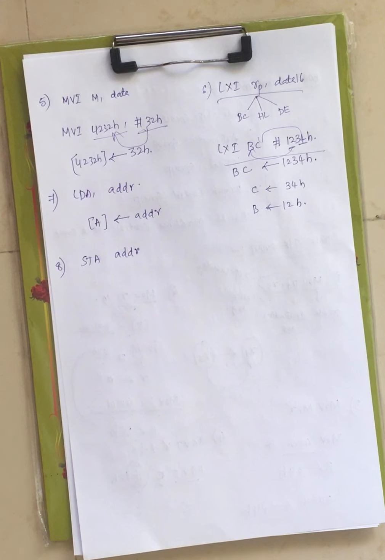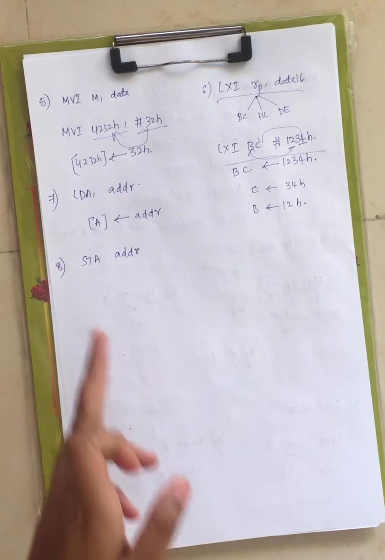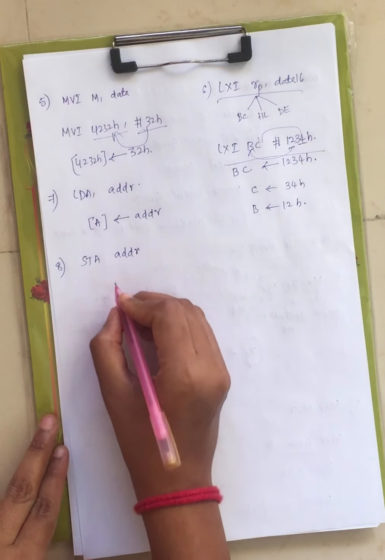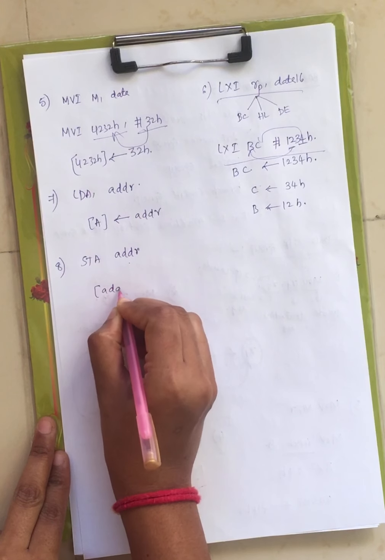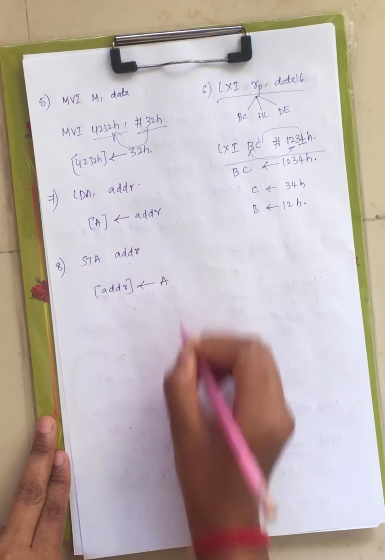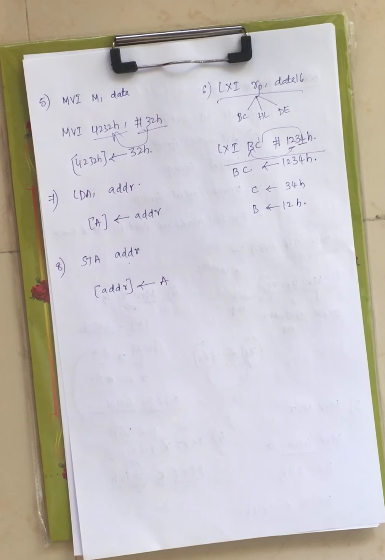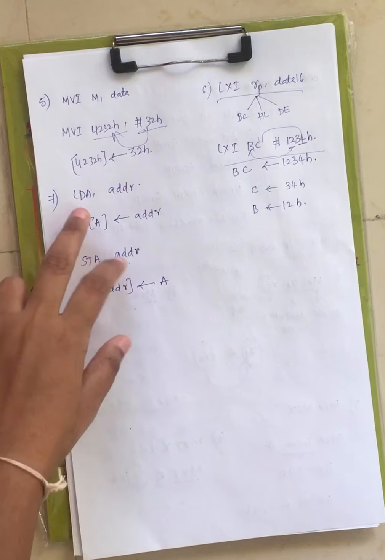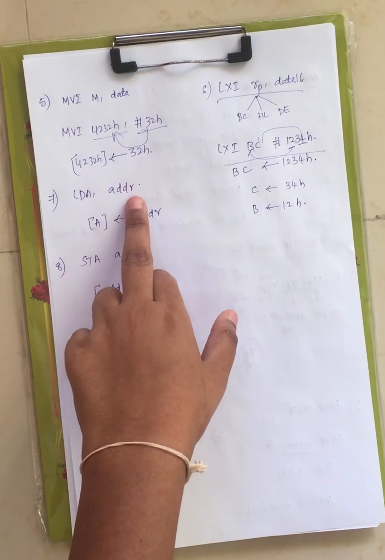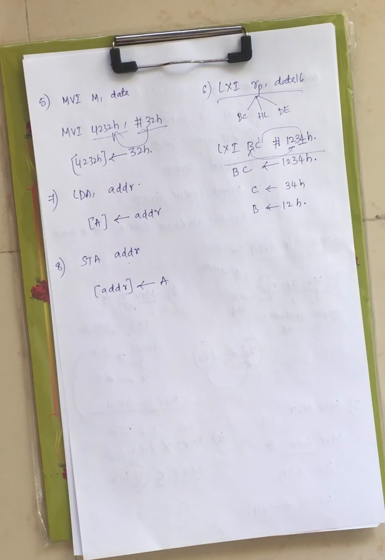We are storing the accumulator contents in the address that is specified within the instruction, right? The contents of the accumulator are stored in the address. These two are just reverse: load accumulator from the address, and store the accumulator contents in the address that is specified within the instruction.